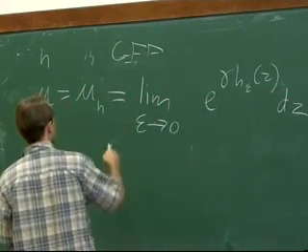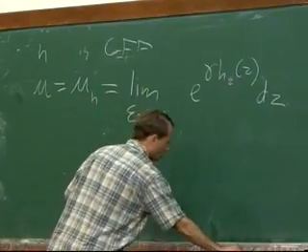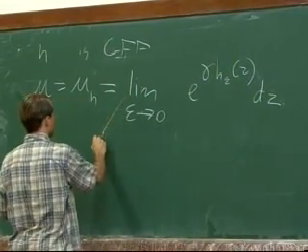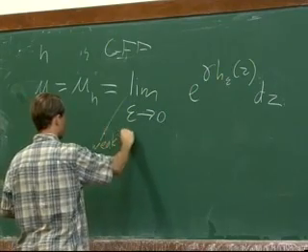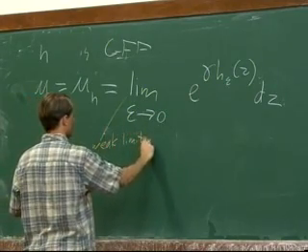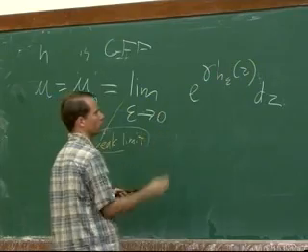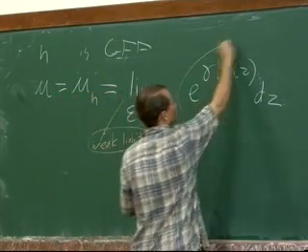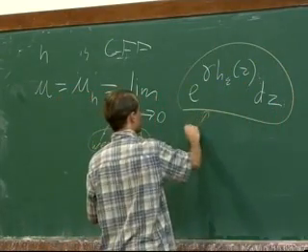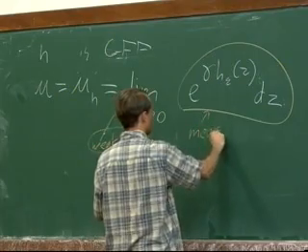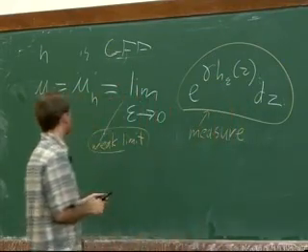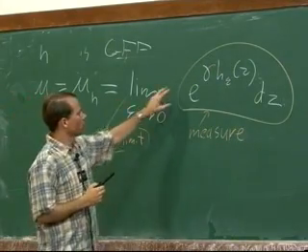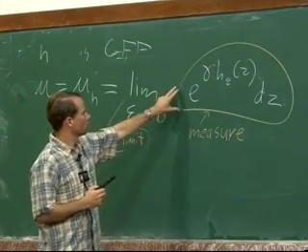Here this limit means a weak limit. These are measures, absolutely continuous with respect to Lebesgue measure, and I'm taking mu to be the limit of these measures.